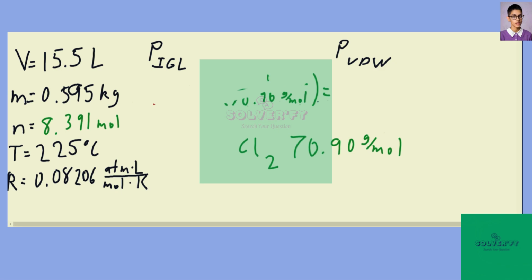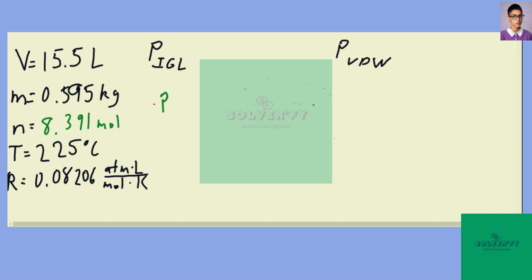So now we have all the info we need. We can look at the ideal gas law and solve for pressure. Under these circumstances, here I'm going to change colors again. PV equals nRT. We want to just get the pressure on one side.